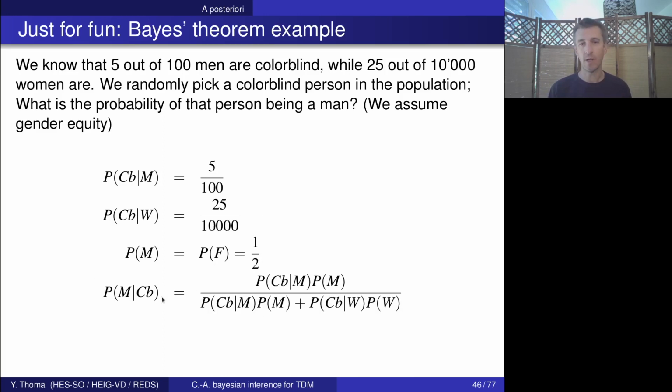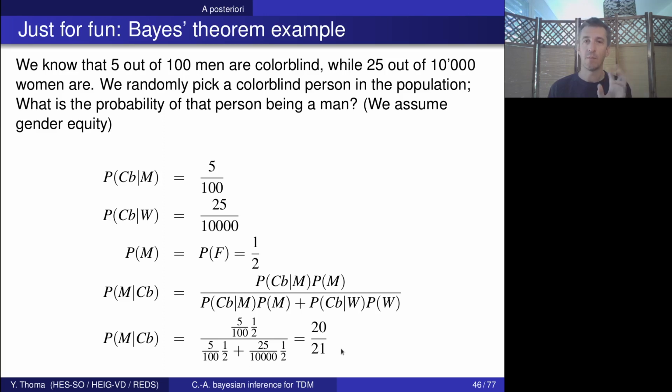And so from that, we can write this equation here. I won't go into the detail of this, but the idea is that if we pick randomly a colorblind person in the population, we have 20 out of 21 chances of having chosen a man.